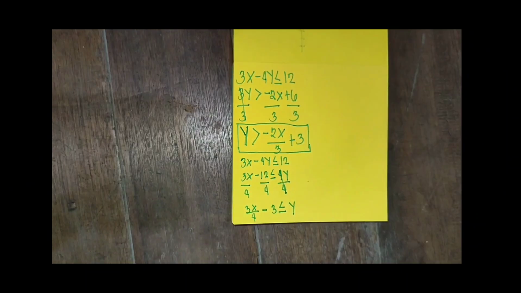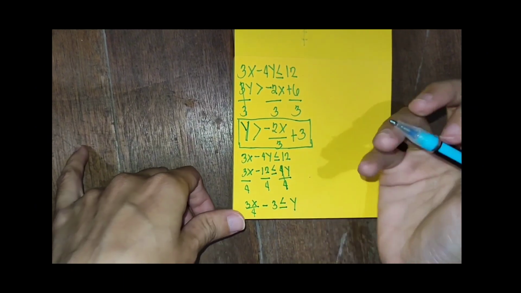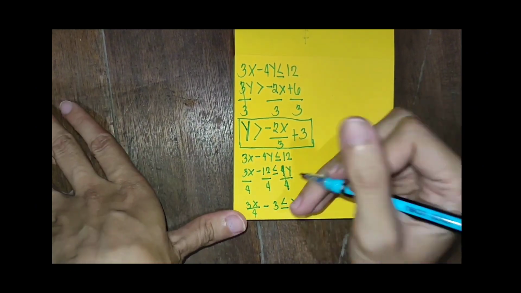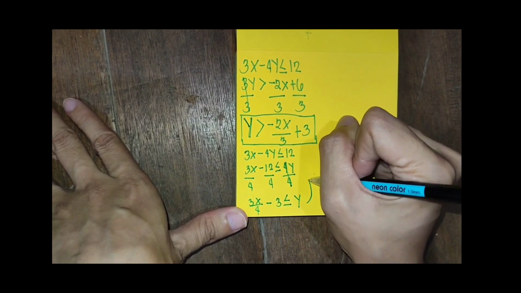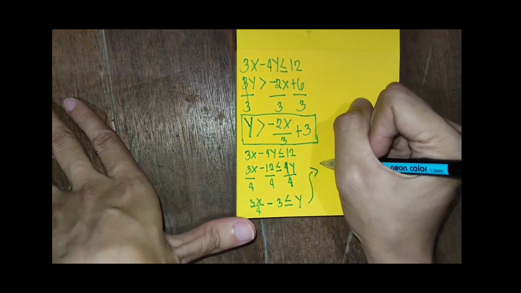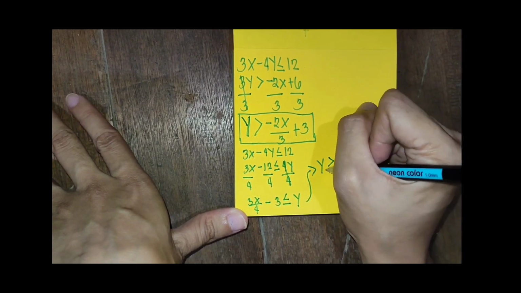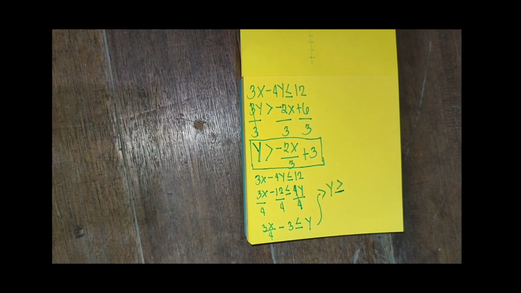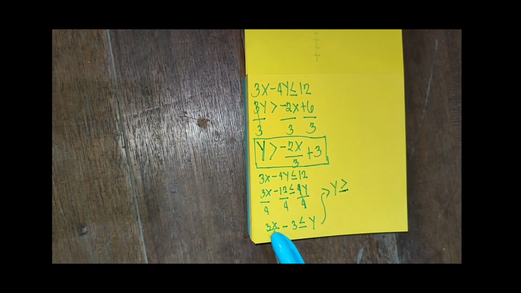Go. Hindi pa ito yung final answer kasi i-reverse equation pa natin siya. So, ito magiging greater than ito. So, ang final answer dito is y is greater than or equal. Go. Pag nag-reverse equation tayo, ito lang yung mababago. Pero itong mga to, ganun pa rin.